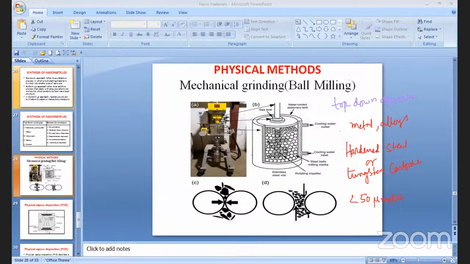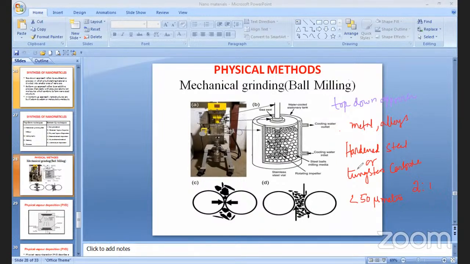The mass ratio of the balls will be taken in the ratio of 2:1, and the container is less than half filled to enhance the efficiency of the milling.